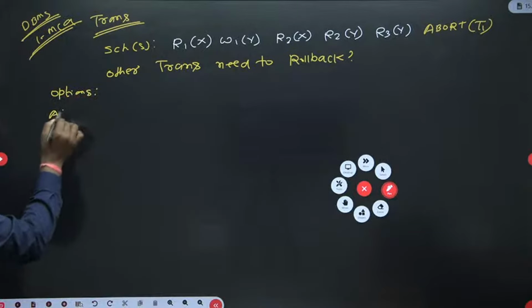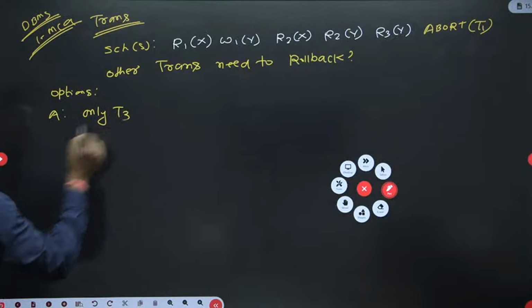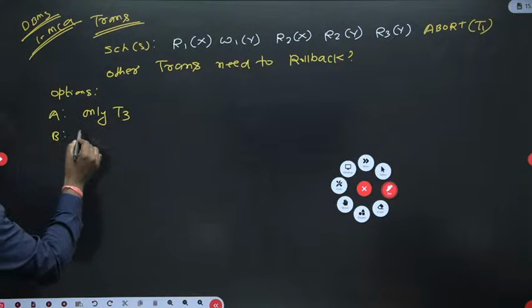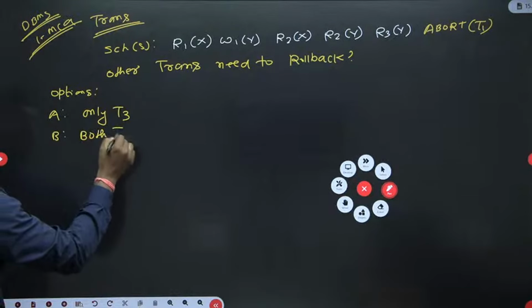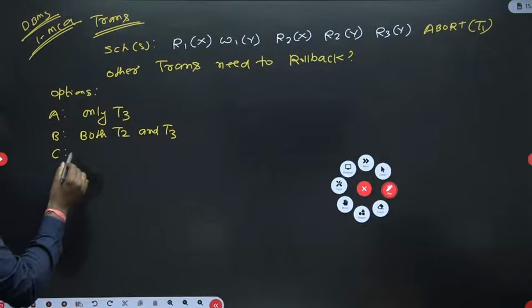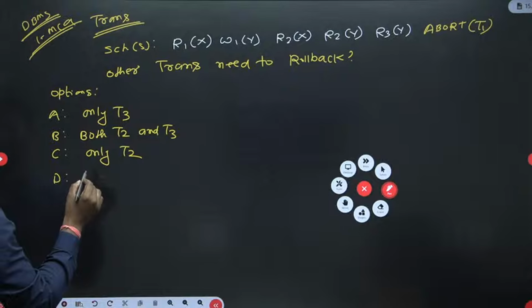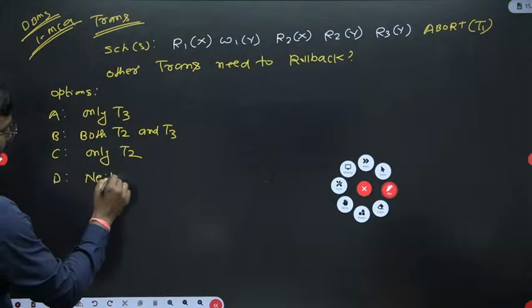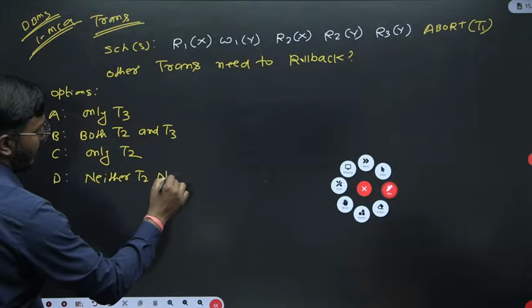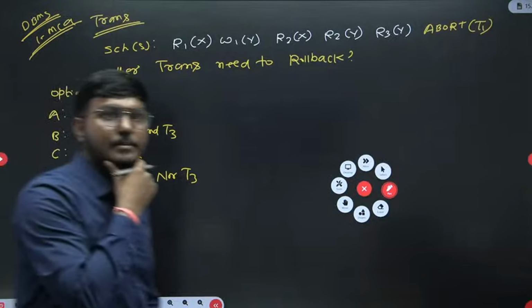Option A was only T3. B was both T2 and T3. C was only T2, and D was neither T2 nor T3. What is the answer? Anyone?